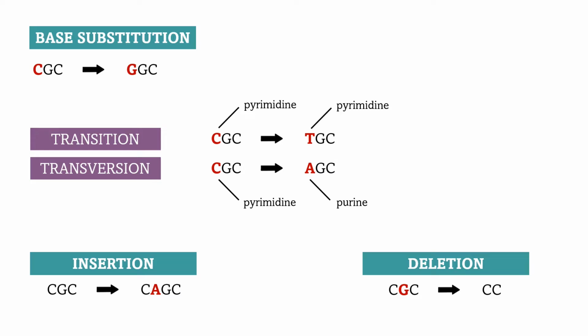Insertions and deletions are dangerous mutations as they can lead to the so-called frameshift mutations. Frameshift mutations are changes in the reading frame of a gene. Simply said, these mutations change the way a gene is read.